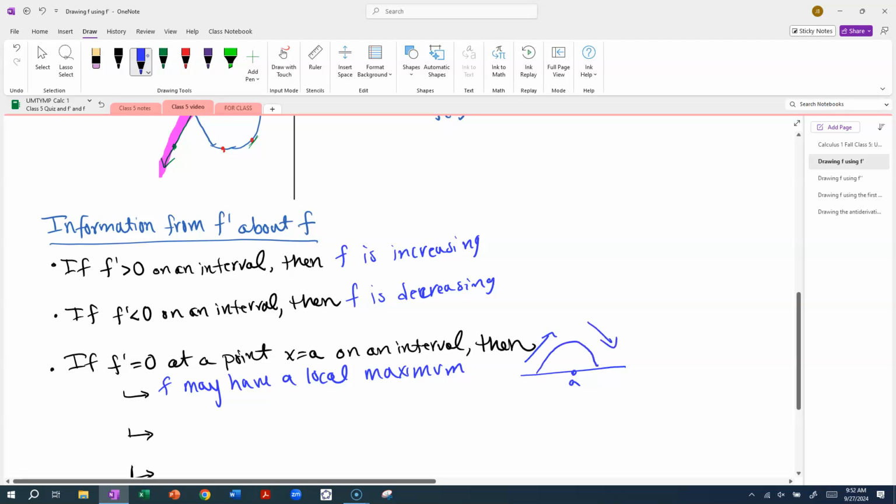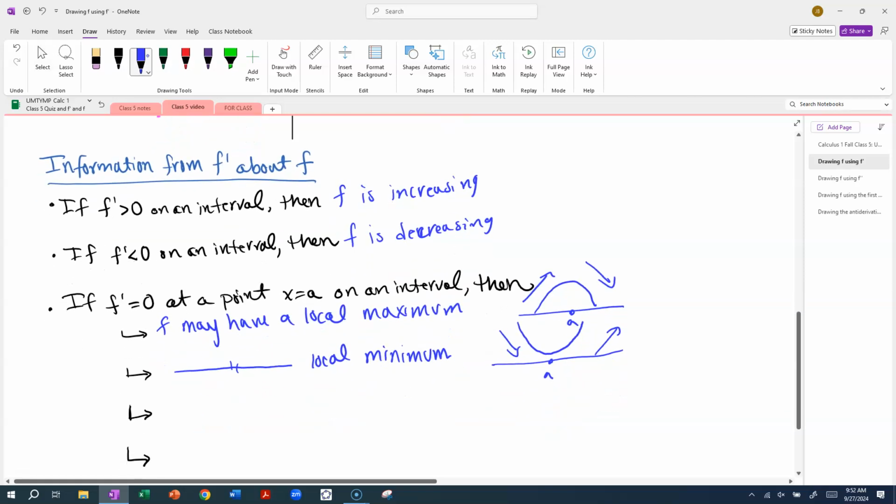We can say f may have a local minimum, and similarly, here's A, and that would look like something going from decreasing to increasing, so it would go something like that at A. Or it could do something like what we observe in a graph of a cubic.